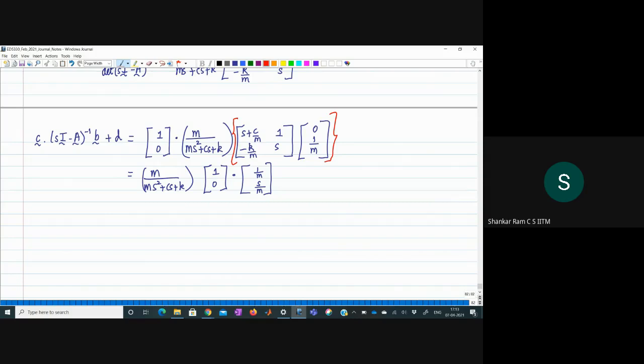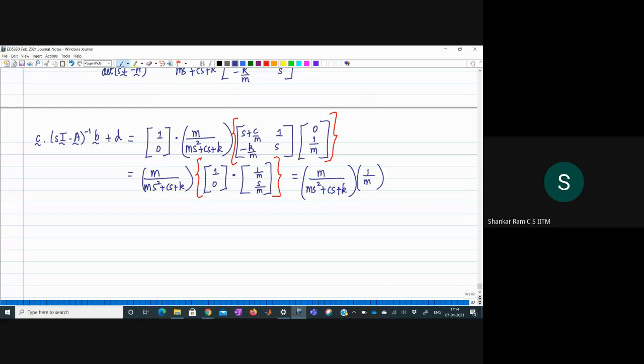Now we need to take the dot product of these two column vectors, right? If we take the dot product of these two column vectors, what will we get? We'll get m divided by ms squared plus cs plus k times... The dot product will just be 1 by m, will it not? Because the second element is 0, right, in the first column.